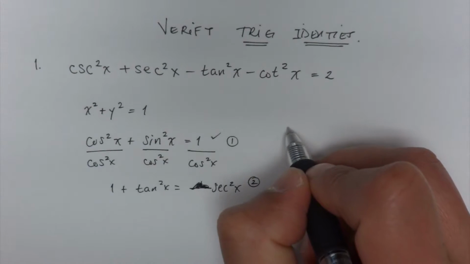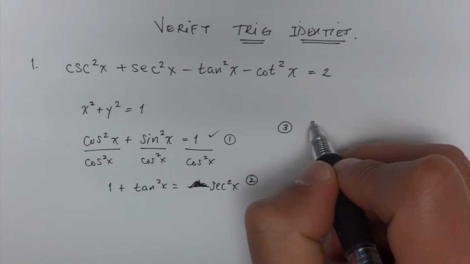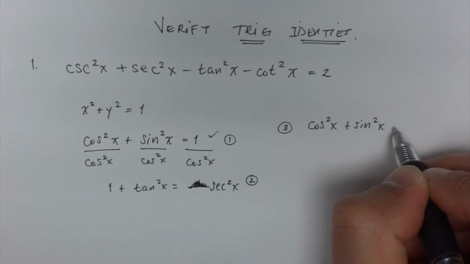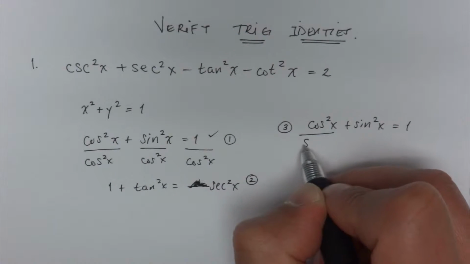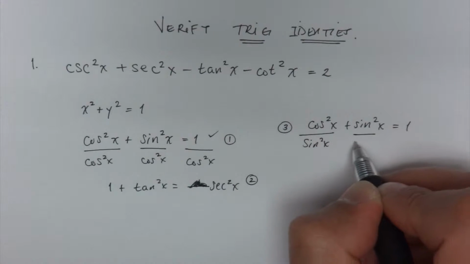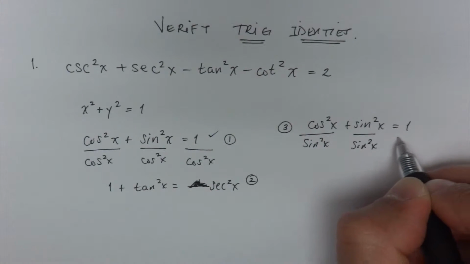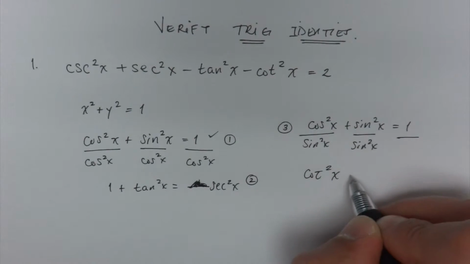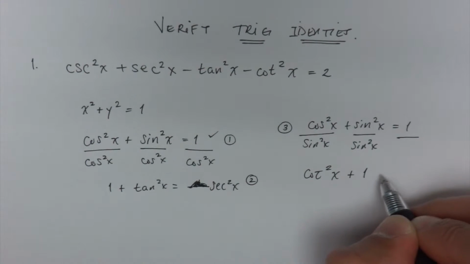And the last one, the third one, we're going to take the same thing. We're going to take my Pythagorean identity, and instead of dividing by cosine squared, we're going to divide by sine squared. Okay? And hopefully you remember that cosine over sine is cotangent. Okay? Sine over sine is 1.